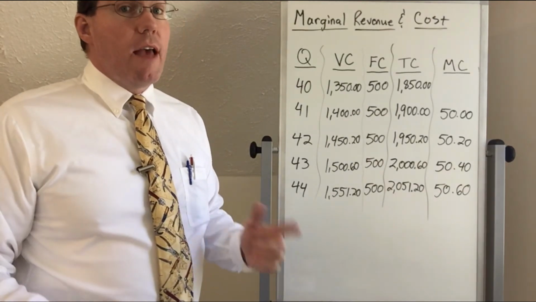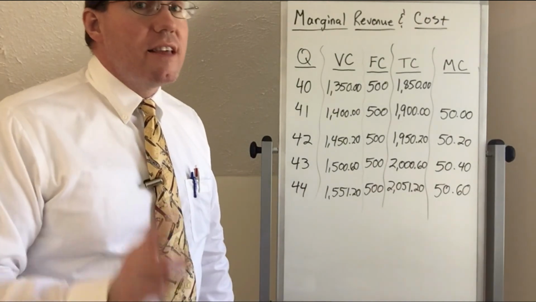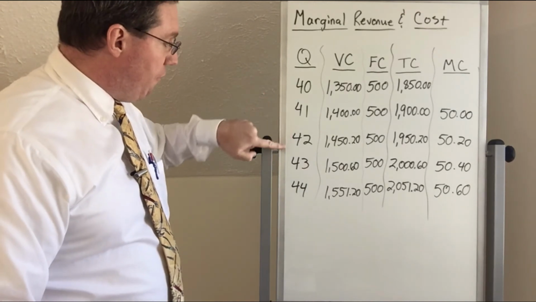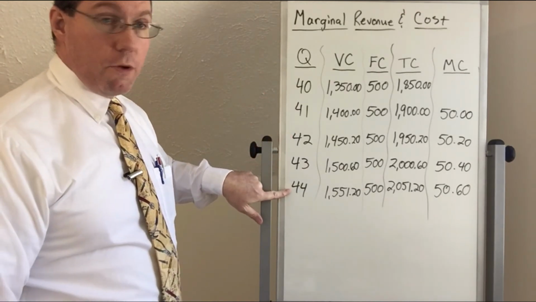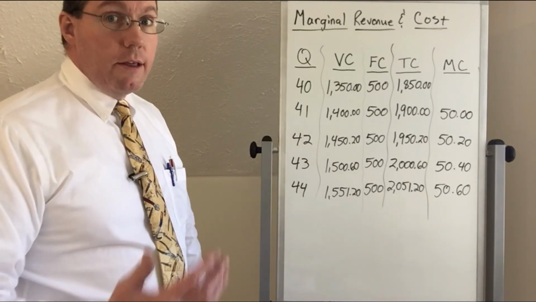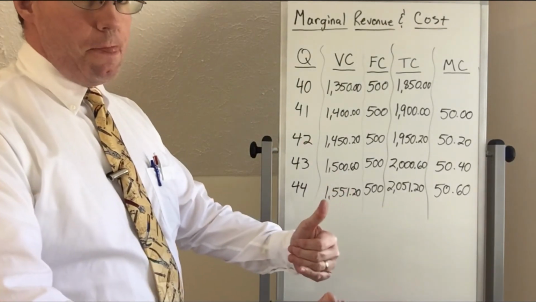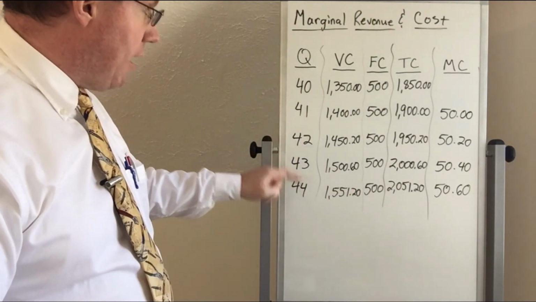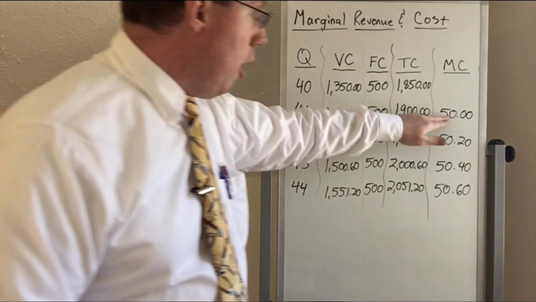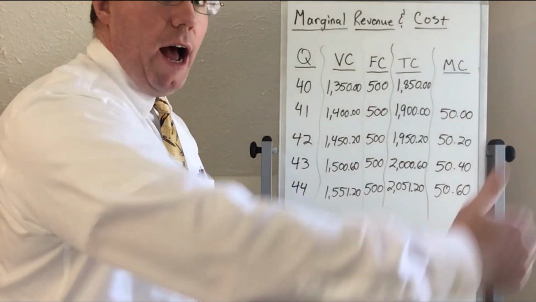Remember what we said? We said that costs tend to increase as you seek higher benefits. So, we are seeking higher benefits, look at this, it's going up, we're seeking more benefit. We know that if we produce more, we could sell more. Selling more would give us more revenue, so we're seeking more benefit. Well, as we seek more benefit, our costs for each one are going higher, higher, higher.